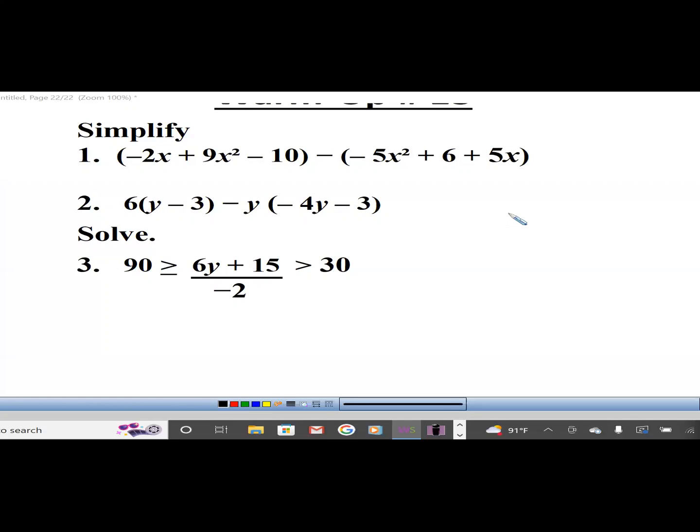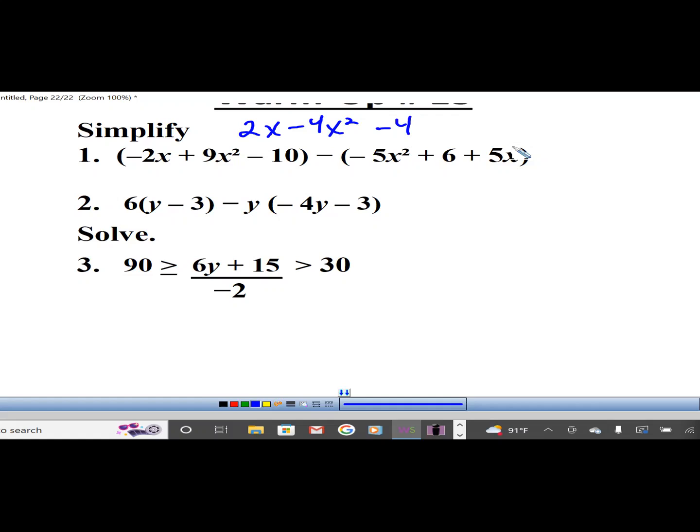Let's see. Number 1. What did you get for number 1? Joel, go. Standard form, please. Okay, I heard 2x. What else? Minus 4x squared. Minus 4.